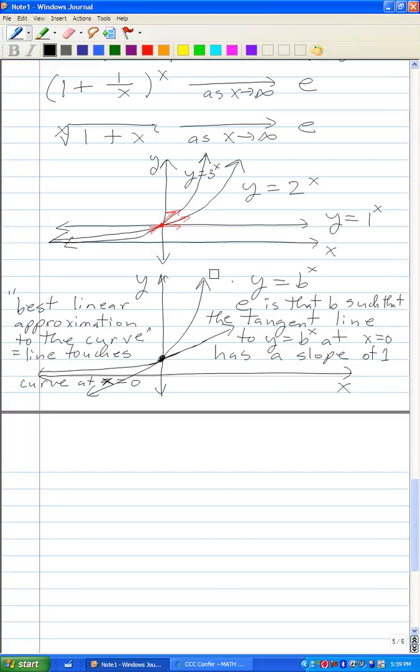Another way to say it, I guess, is that e is approximately, I guess we can plug it into a calculator. Let me get an approximate value here.